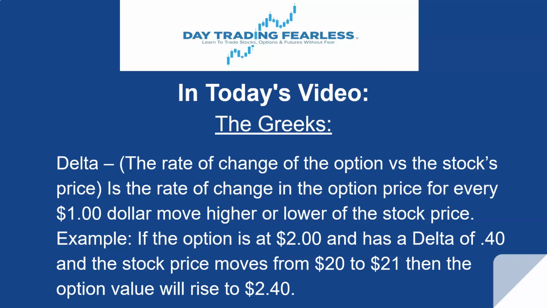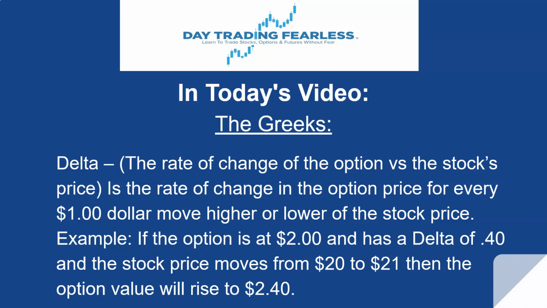Now, if the stock moves $1 lower, you will lose about $40 on the option pricing, okay? So that's how we get the 0.40. If we move $1 with a 0.40 delta from 20 to 21, then the option value would rise from $2 to $2.40. Okay. So that's the first thing with the delta.